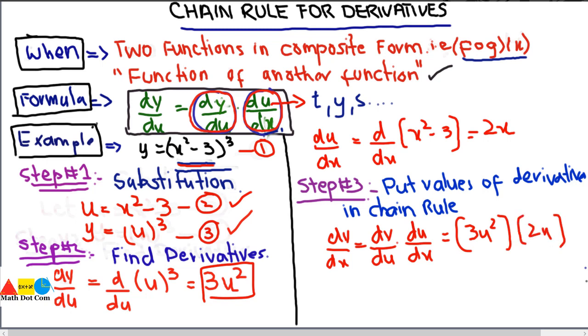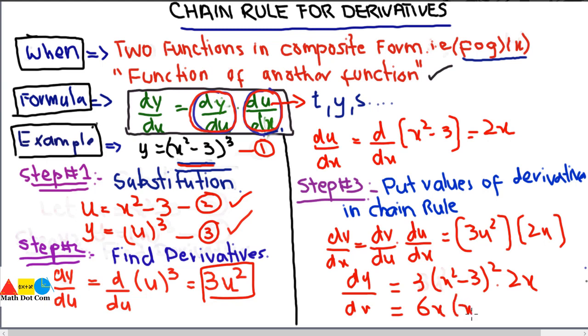So dy by dx is equal to, replacing u with x square minus 3, 3 into (x square minus 3) whole square dot 2x. So we have got the derivative as 6x into (x square minus 3) whole square. This is the derivative of the given composite function by using the chain rule.